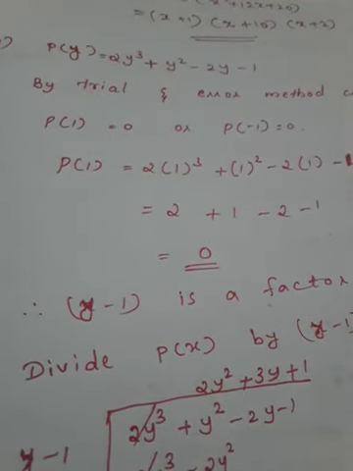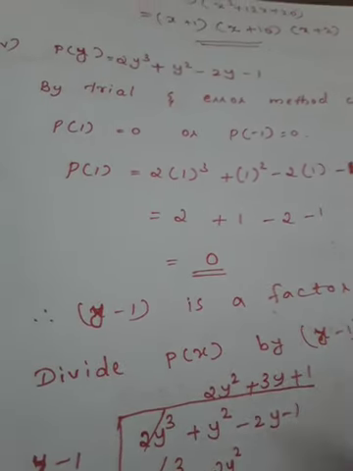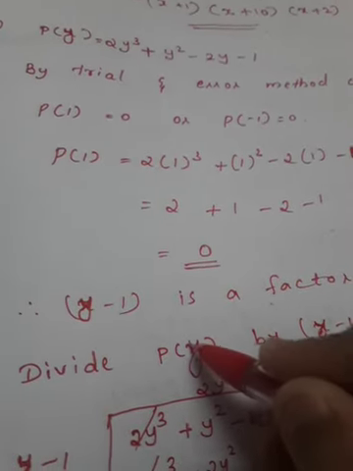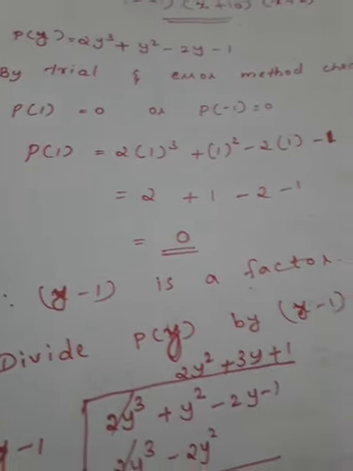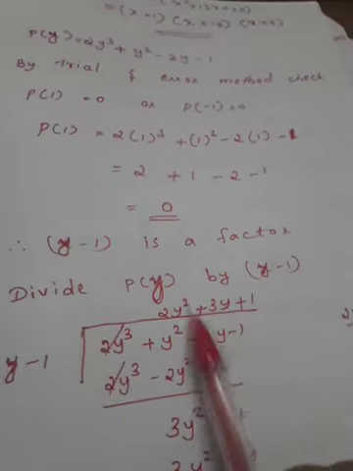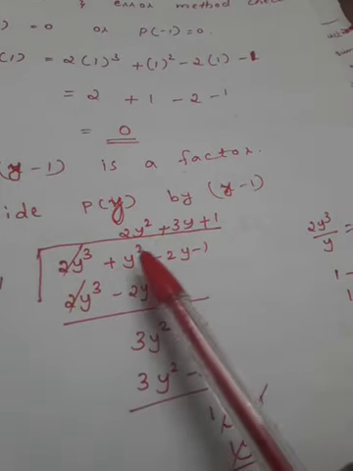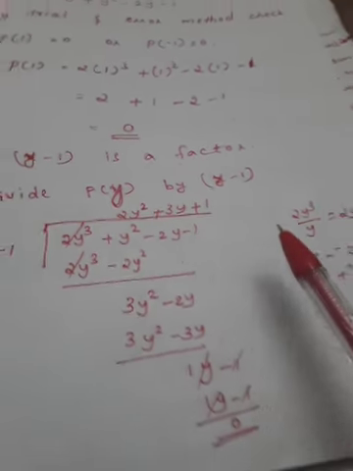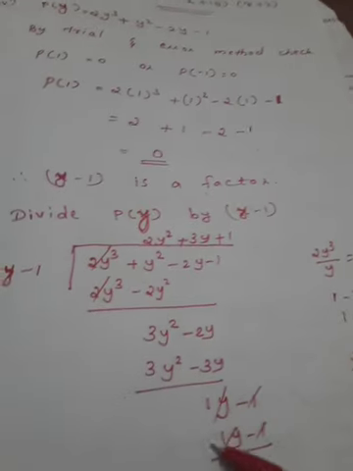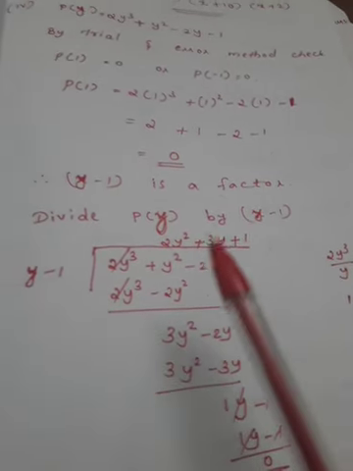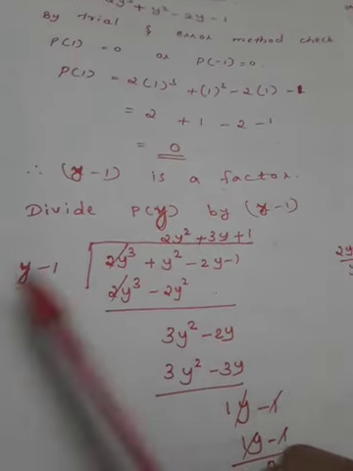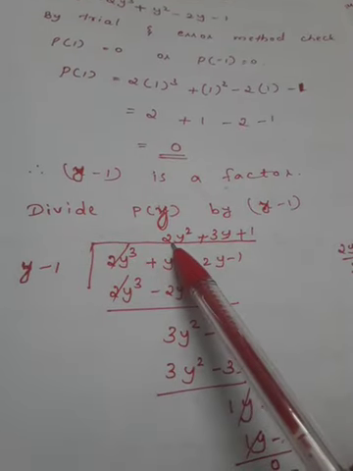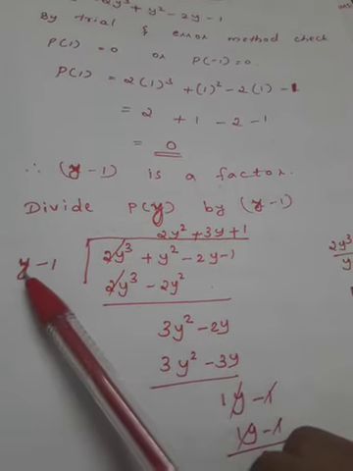So we want to divide P of y by y minus 1. So here we got 2y square plus 3y plus 1. All the steps you know how to do the long division. First take the first terms, divide, then 2y square you will get, multiply this with y minus 1.